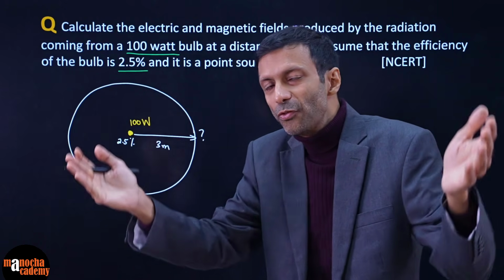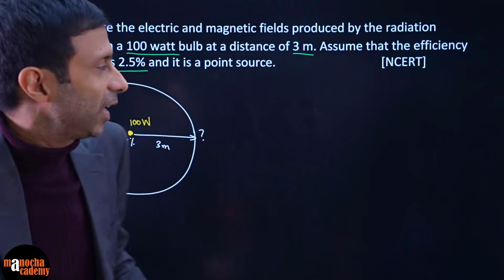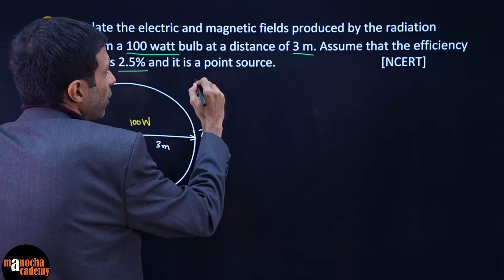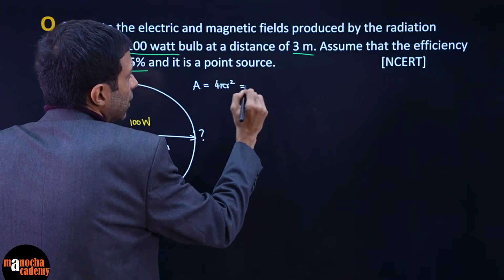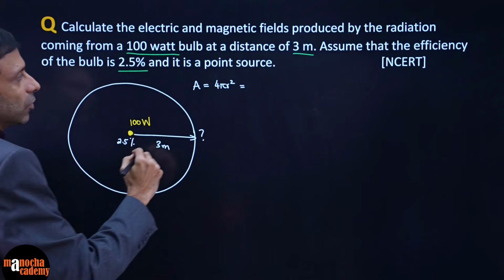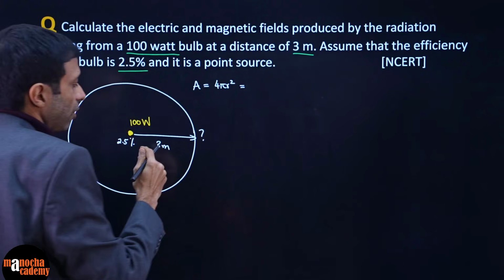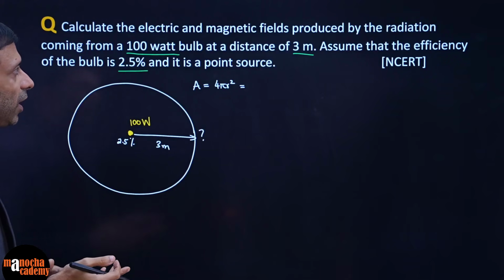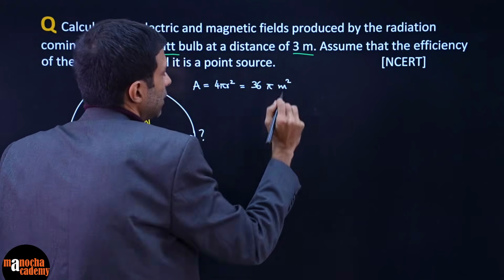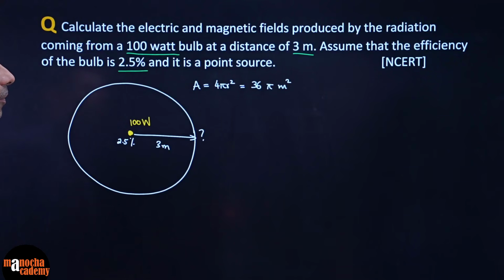The surface area of a sphere. What is the formula for that? Tell me, guys. 4 pi r square. Very good. So here 3 meters, so it's basically going to be 4 times 3 times 3. This is the area we are talking about, correct?